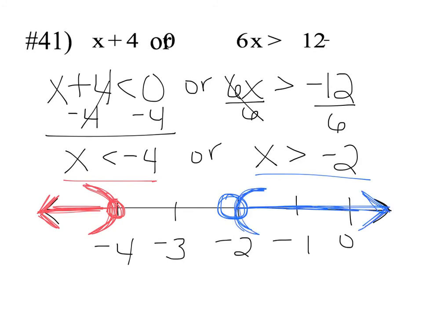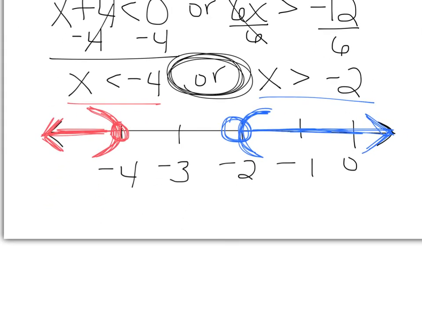Now this is where our union symbol is going to come in. Now if this were an and problem, it would be no solution. But it's an or problem. So we're going to talk about anywhere where there is graph. So there's graph right here, right? It goes from negative infinity to negative 4.